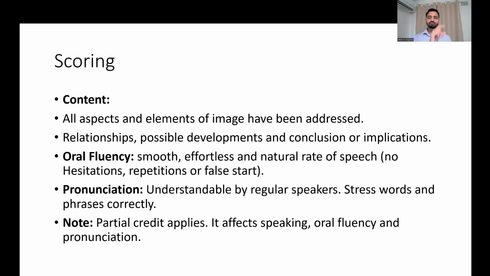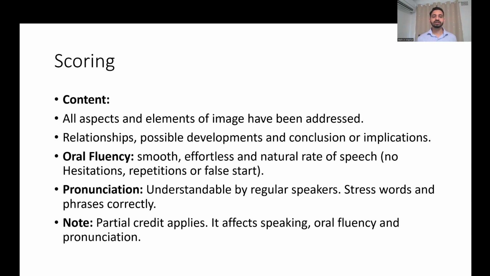So you want to talk about relationships. When you're comparing or contrasting things, you're talking about relationships. Possible developments, you can also talk about in your conclusion, in your implication. You can say, I think that New Zealand should have a relationship with China to improve their exports, things like that. These are some of the developments and implications that you're coming up with, so you get points for that as well in terms of content.